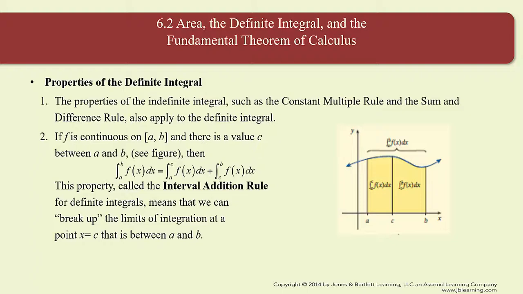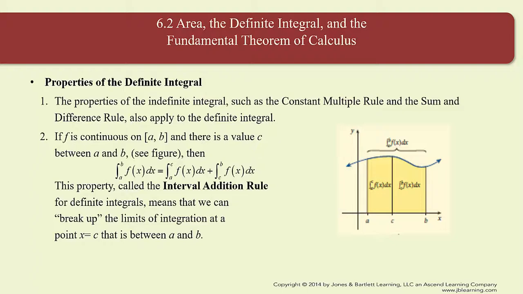We can look at this figure here. It looks a little blurry, I apologize for that. If you're looking at that function and the shaded region from a to b, this property, called the interval addition rule, says you can pick any value c that's between a and b, and you can split the integration into two pieces.